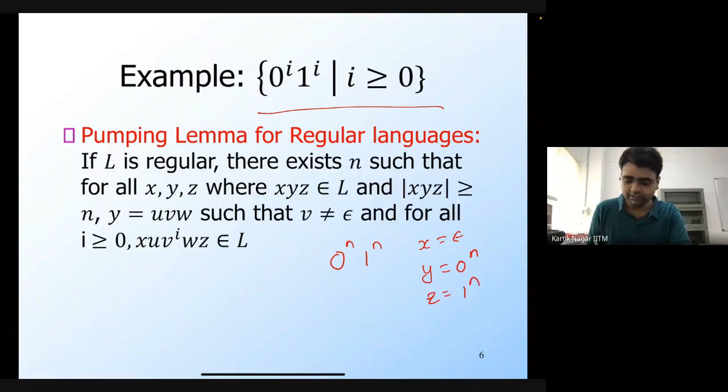Now no matter how the daemon breaks down this y into u, v, and w, v is going to be some 0^k. Which means that if you take I equal to 0, or I greater than 1, then the resulting string x u v^i w z is not going to have the same number of zeros and ones.